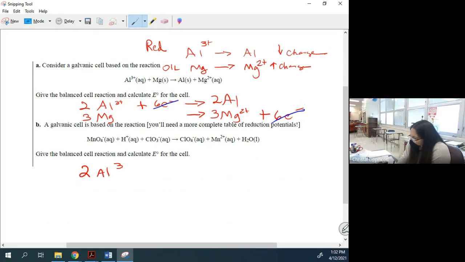So this will come together. This 3Mg comes together. My 2Al plus 3Mg2 plus. And that is my balanced equation, N equals 6. And I got that from right here.